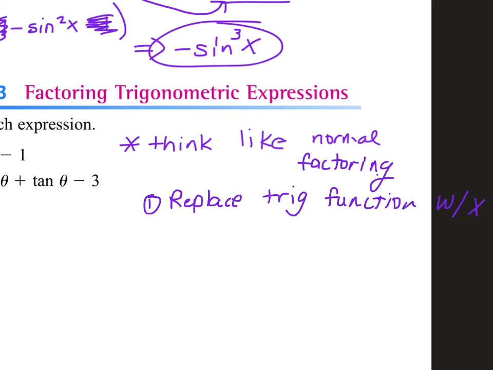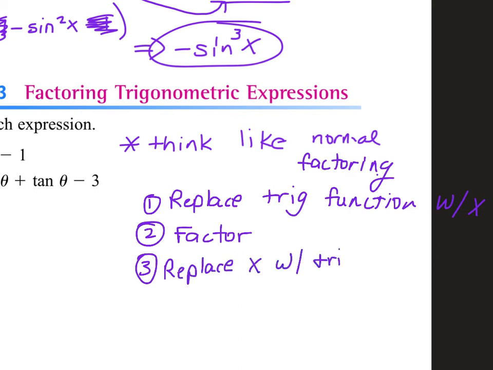The second thing is to factor like you normally would. And the third thing is to replace the x with the trig function. Now I know some of you are like, well, that sounds silly, like extra work. I'm telling you, for the beginning, it's easy to see things if you do it this way.